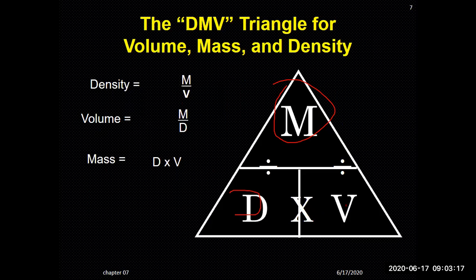If you divide mass by volume, you will get the third one, density. Volume is basically mass divided by density, and mass is basically density multiplied by volume. This is the easiest technique to understand the relation between these quantities, the DMV triangle.